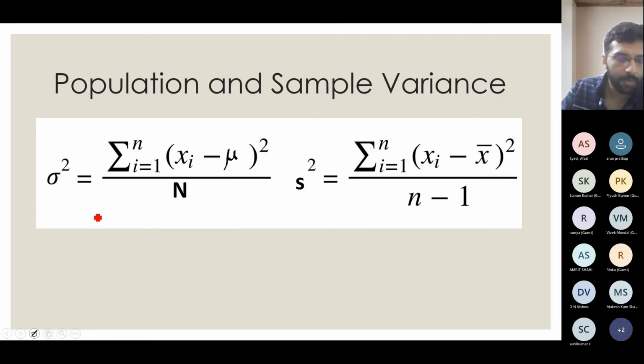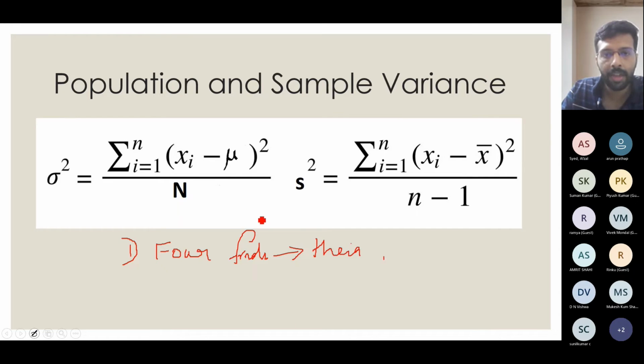Now I will give you one task. I will tell you one question, and you have to tell me whether you have to find the population or the sample variance. We have 4 friends who note down their marks for a particular subject, and they want to compute the variance for that.